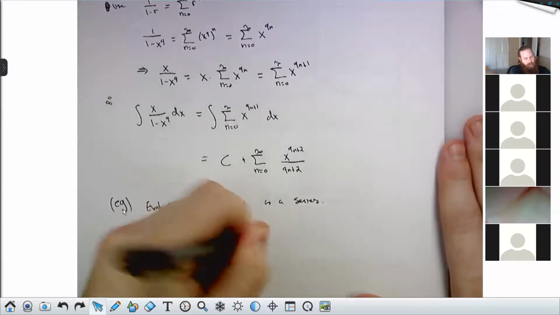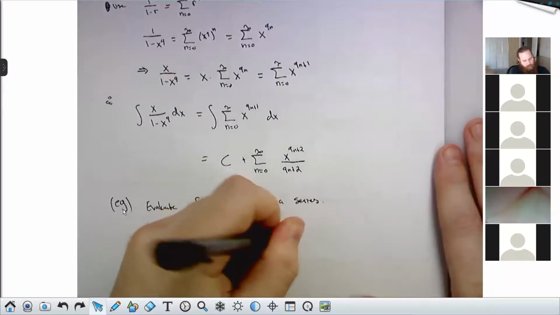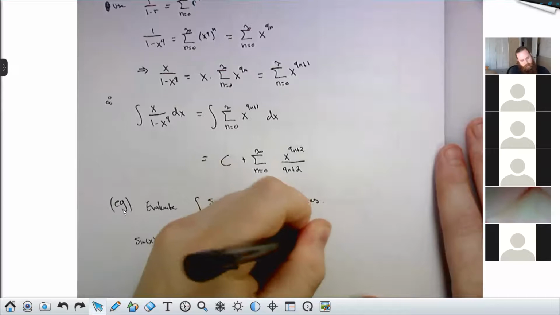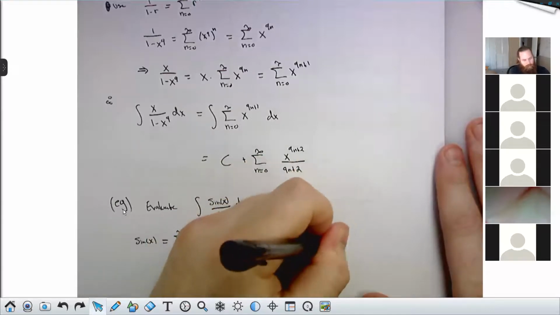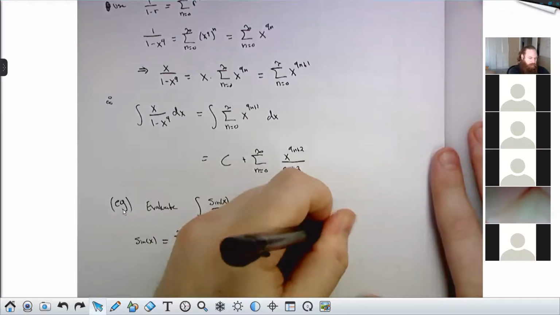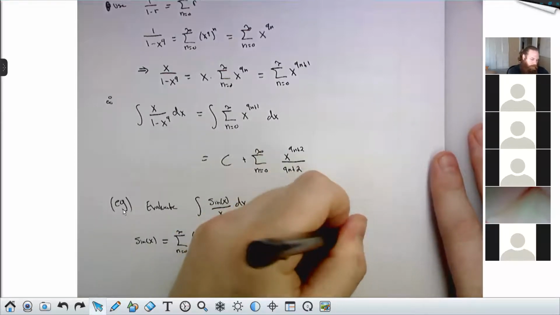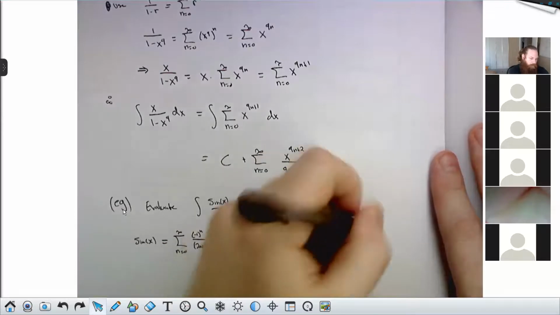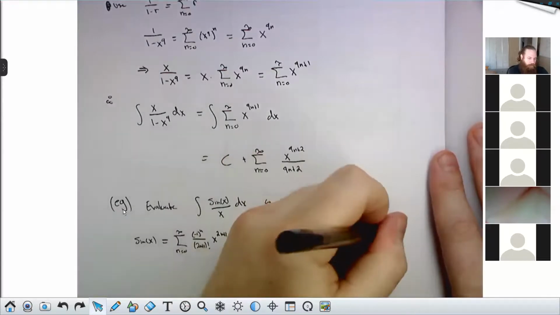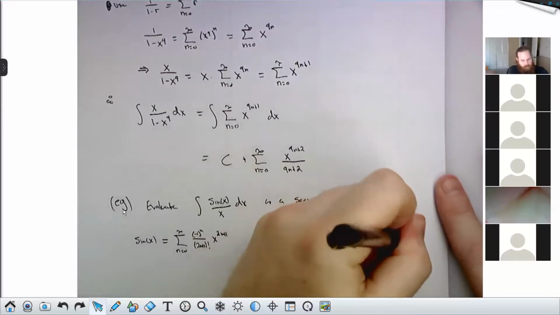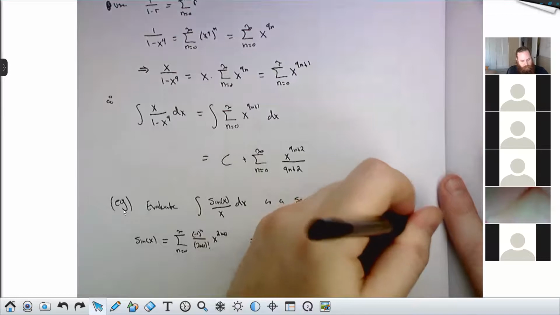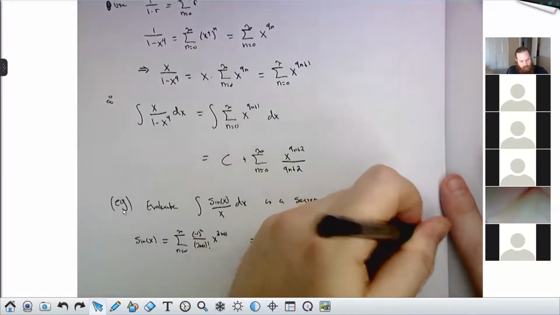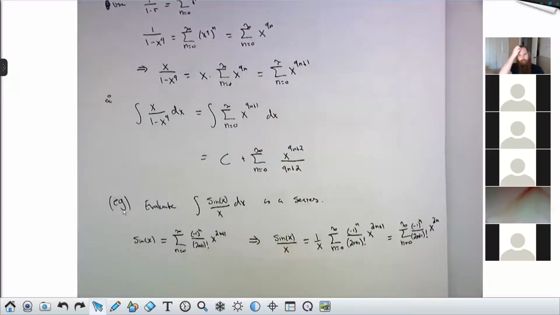So if you divide by x, that's 1 over x times this series, which just has the net effect of bringing that power down by 1. x to the 2n plus 1 divided by x is just x to the 2n.